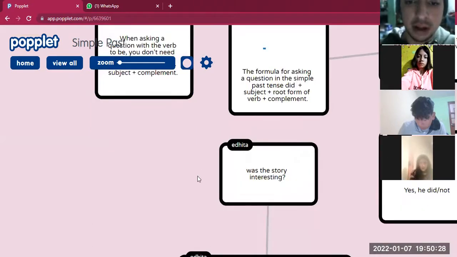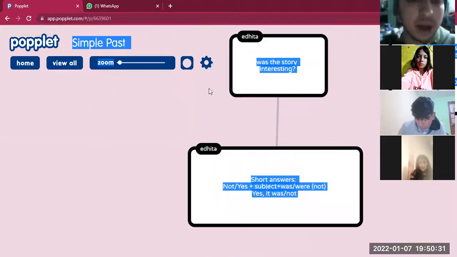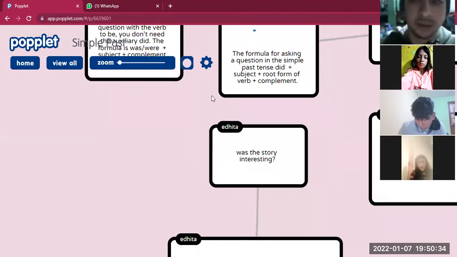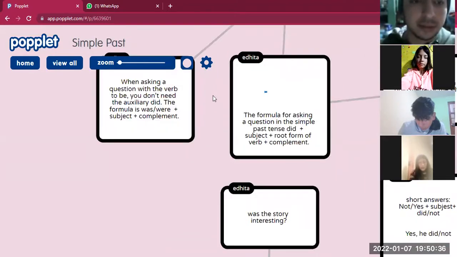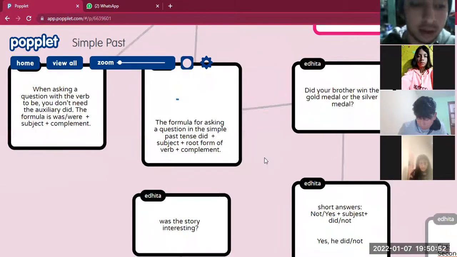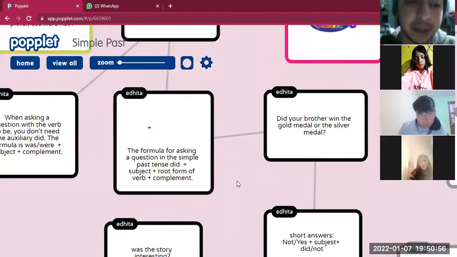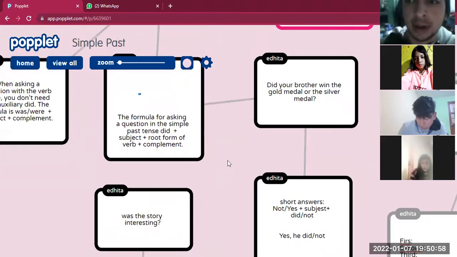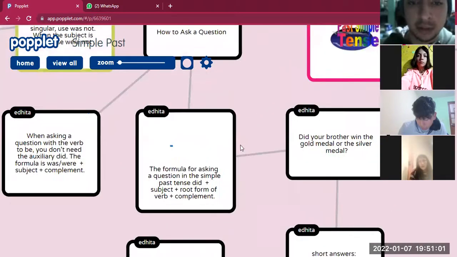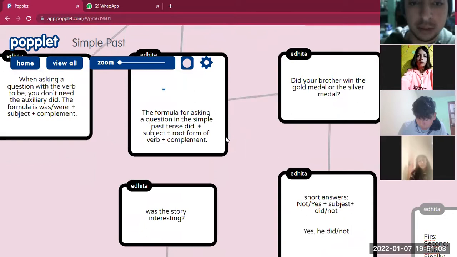For example, was the movie boring? For example, were they sad? Did you understand it? Now what is the grammatical rule for the rest of the verbs?